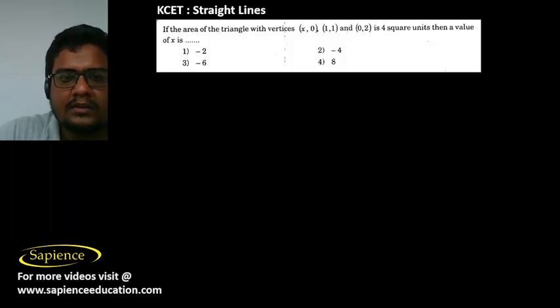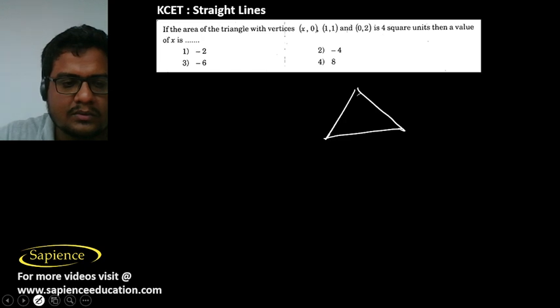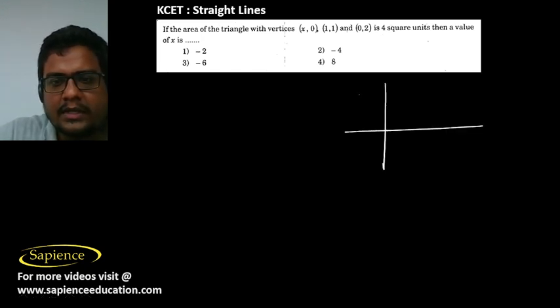Then here it is told if the area of the triangle with vertices x comma 0 is one vertex, 1 comma 1 is another vertex, and 0 comma 2 is the third vertex.